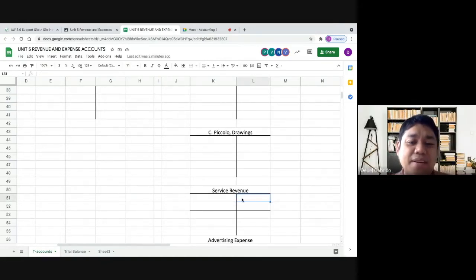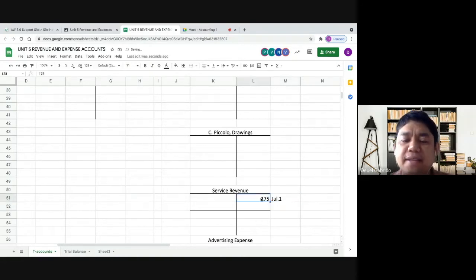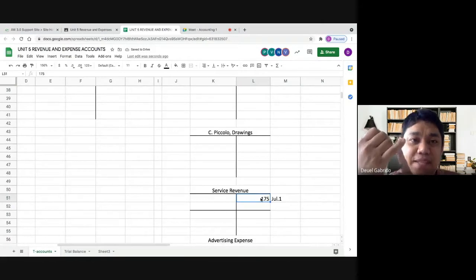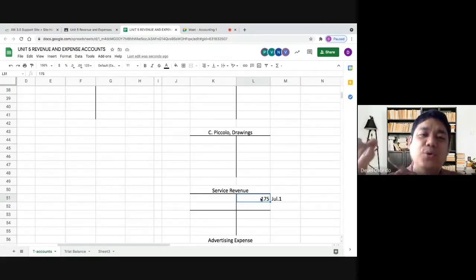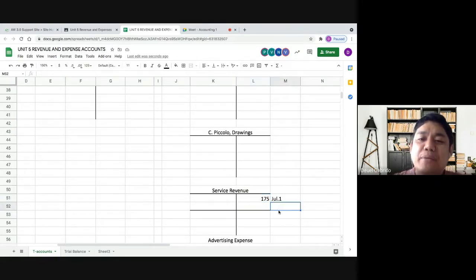So I'll put it here on the credit. Look at this, guys. This is July the 1st. Why revenue, guys? Remember this. When it comes to services performed, when we do a service or when we sell something, the money that we receive or will receive next time will be recognized as part of the revenue already.